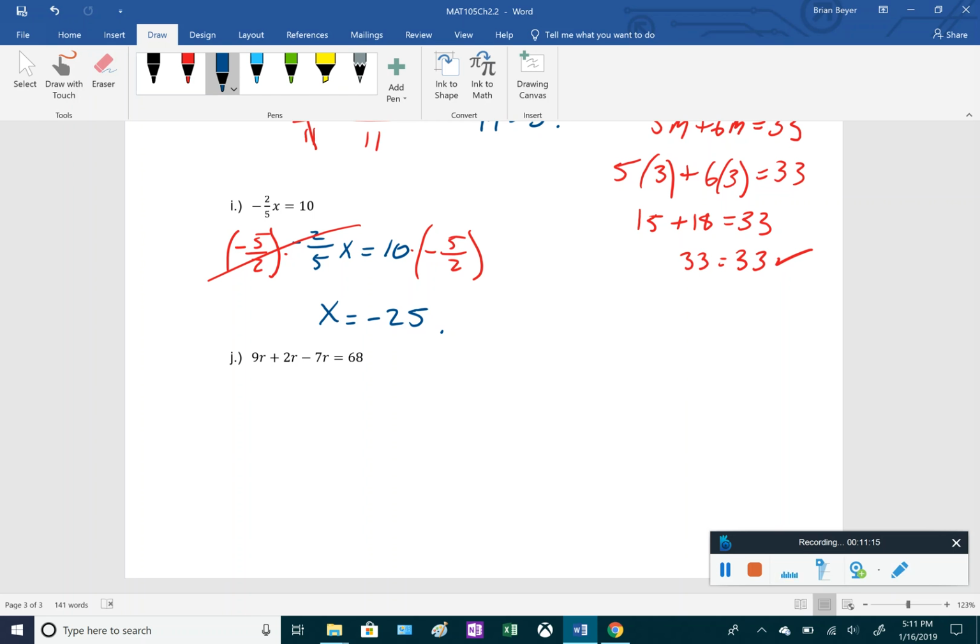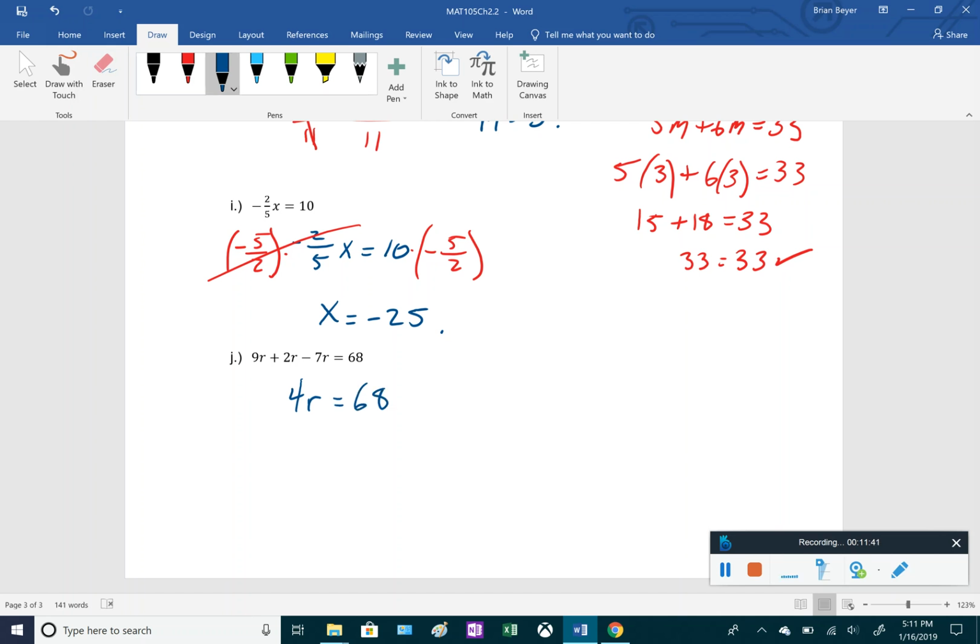Okay, so for the last one here, we have 9r plus 2r minus 7r equals 68. So we have to combine like terms. We have 9r plus 2r minus 7r. That's going to be 11r minus 7r, which is going to be 4r.